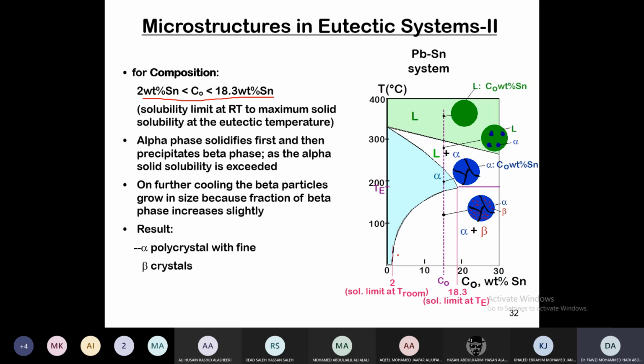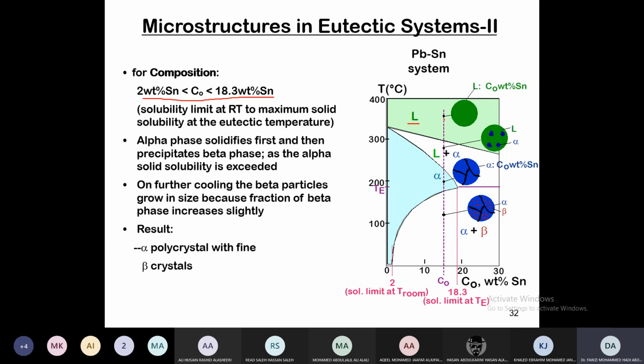Anywhere from here to here in terms of composition, if I come down from here, or from there, we will have very similar microstructure with different compositions and amounts, but the same microstructure generally. So if we were first of all in the liquid zone, here we have all liquid. This is the liquid area basically.